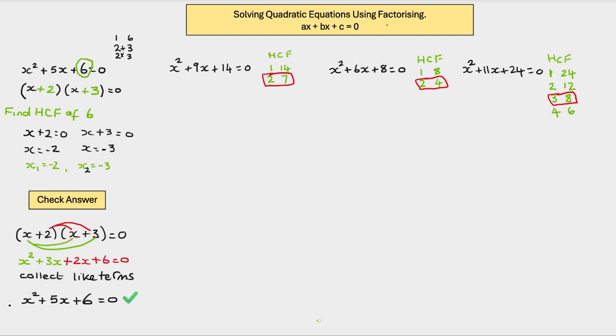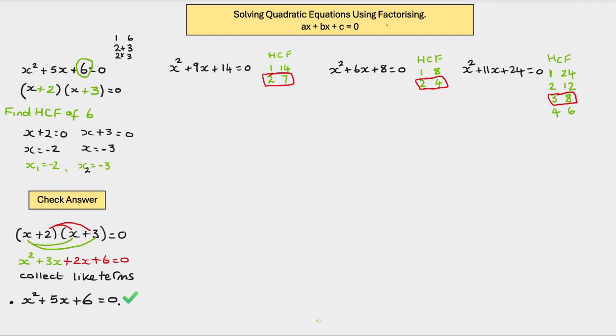So you're going to do x times x is x squared, x times 3 is 3x, then 2 times x, 2x, plus 2 times 3 is 6 equals 0. Collect your like terms. So x squared, which is the biggest one, goes first. 3x plus 2x is 5x, plus 6 at the end equals 0.